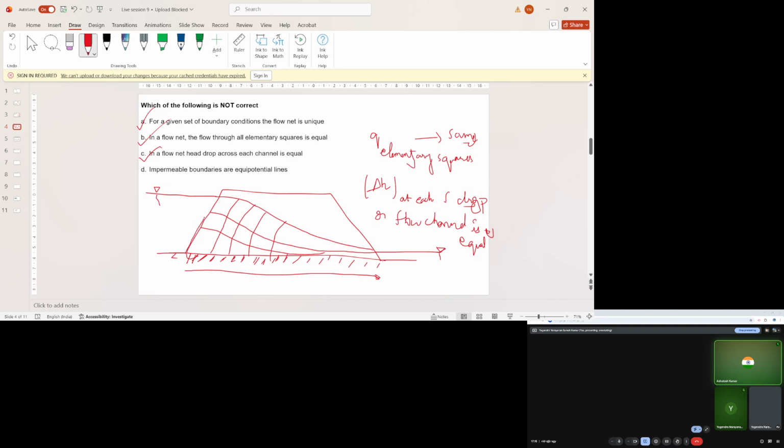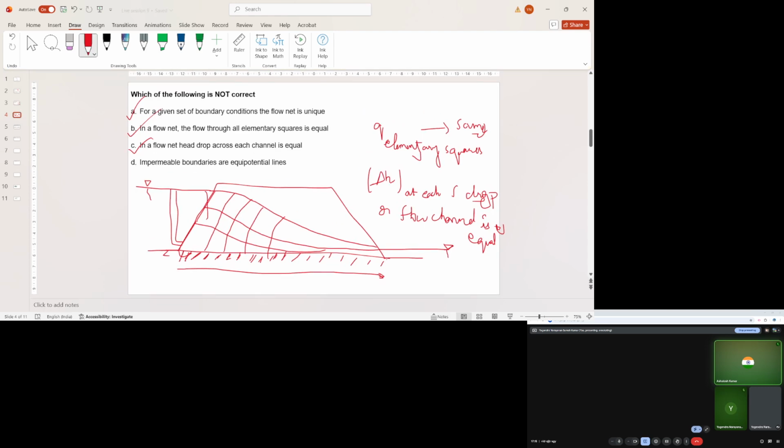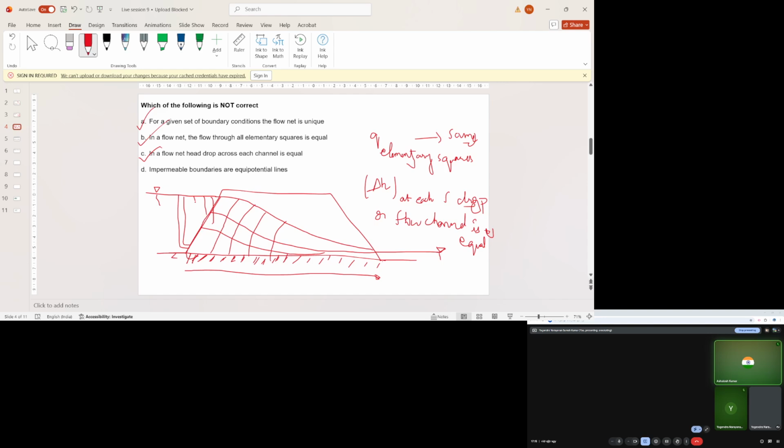Equipotential line is this line, right? The upstream end of the dam is always an equipotential line, because if you keep a piezometer here, the pressure head is always constant wherever you keep it, right? And this is a flow line.